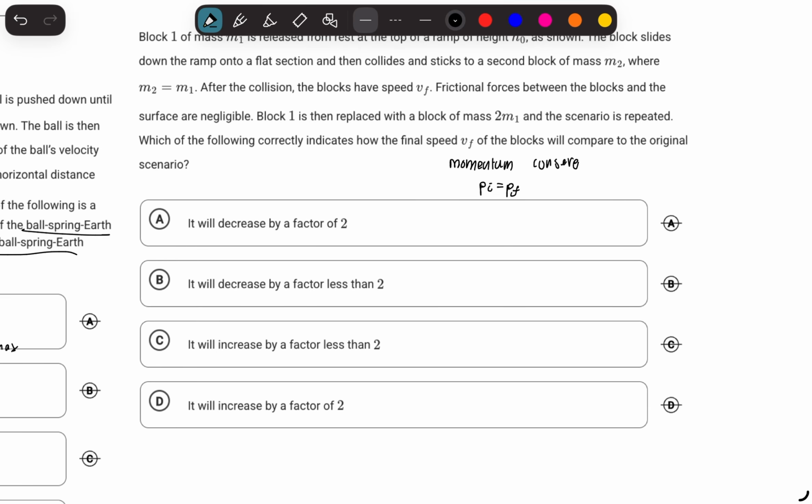P initial is M1 times V, and that's going to be equal to (M1 plus M2) VF. We have M2 equal to M1, so PF is equal to 2M1 VF. M1V is equal to 2M1 VF. You can cancel out that M1. VF is equal to V over 2.